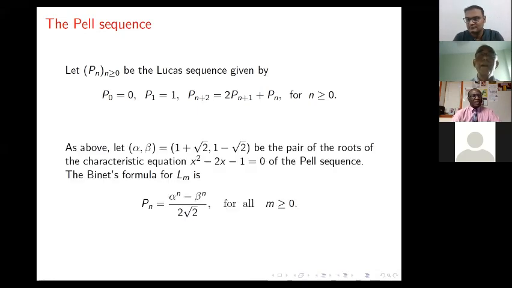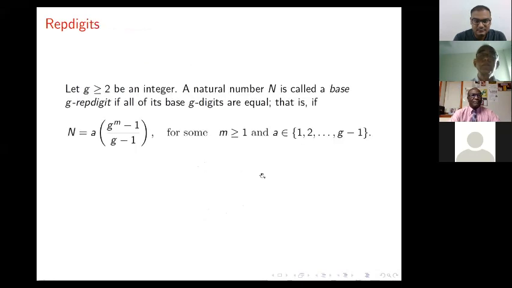And similarly, we have the Binet formula. Oh, I'm sorry, it is Pn here. And alpha here is defined by 1 plus square root of 2, and 1 minus square root of 2 for beta.